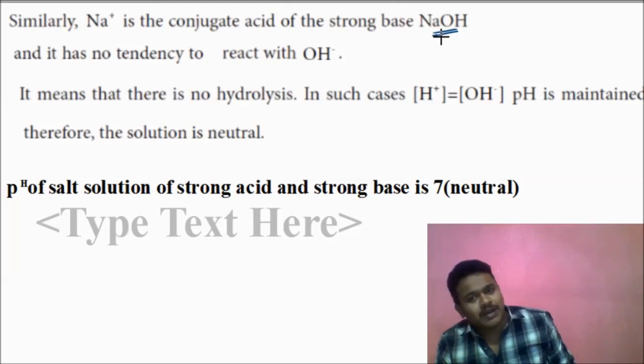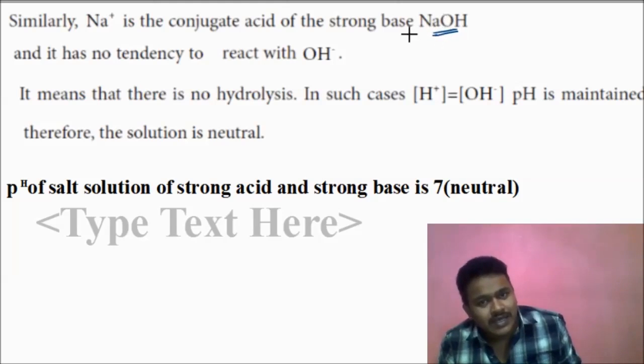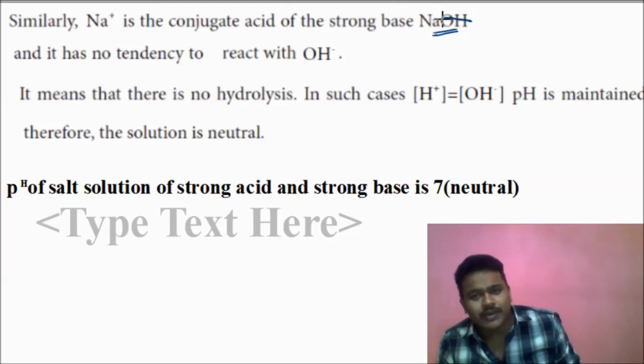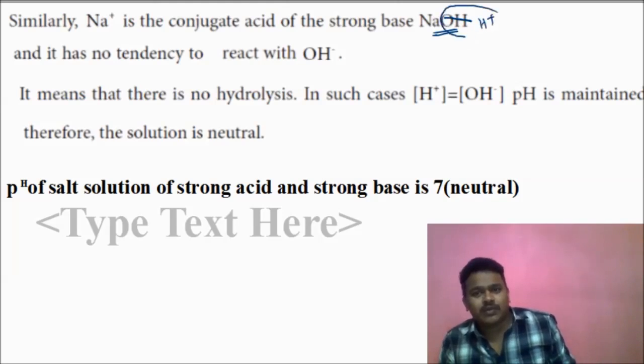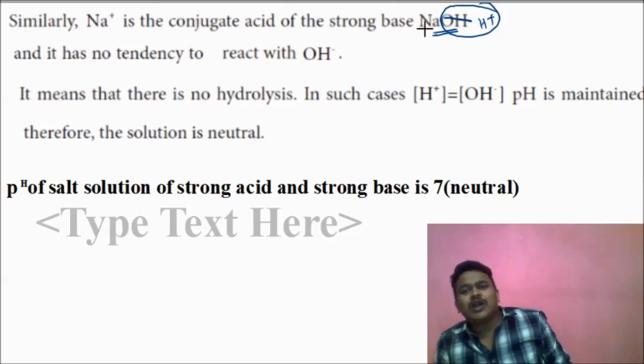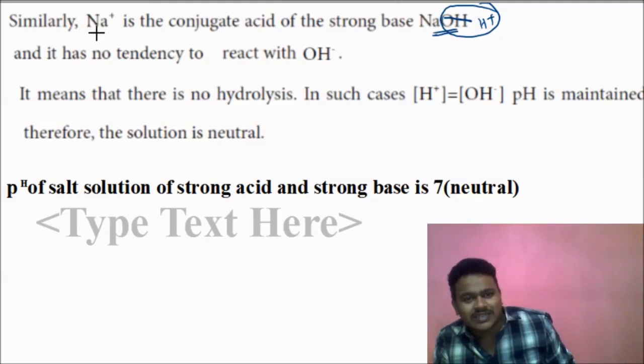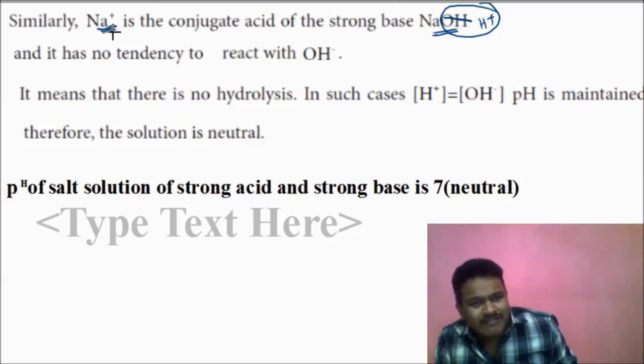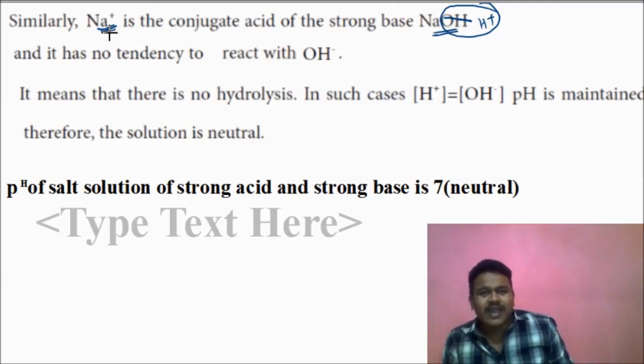For example, this base is donating this OH minus to some H plus. Going out, what is remaining? Na plus. Since it comes from a strong base, it will be a weak acid. So Na plus is a weak acid. A strong acid means an acid which can react with OH minus fast.